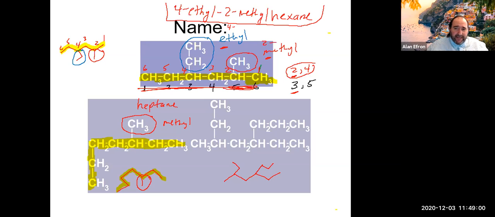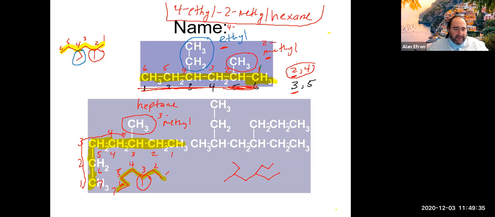And just looking at it, you probably can see going right to left here, 1, 2, 3, 4, 5, 6, and 7 would give us a smaller number. Again, if we went this way, 1, 2, 3, 4, 5, that would give us obviously too large of a number. So that means our methyl group is at carbon 3.